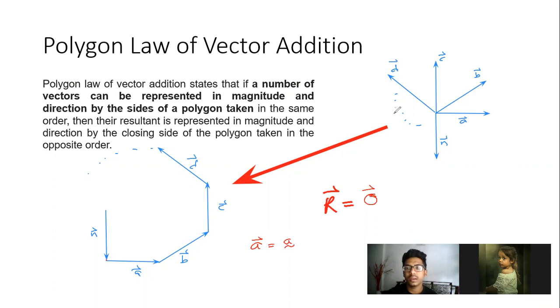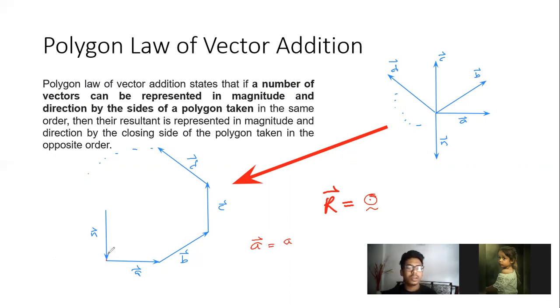But the null vector we usually denote as a bold 0, rather than putting an arrow on top. It's not wrong, but mostly we write it like this.